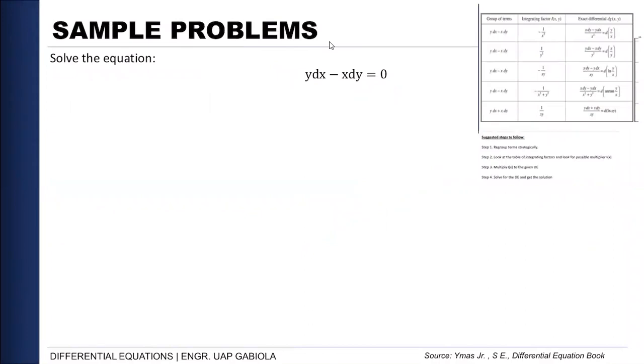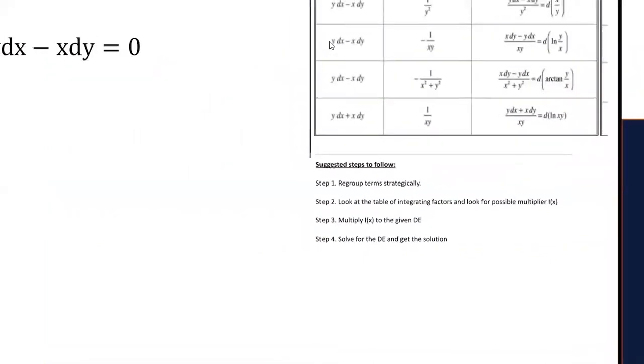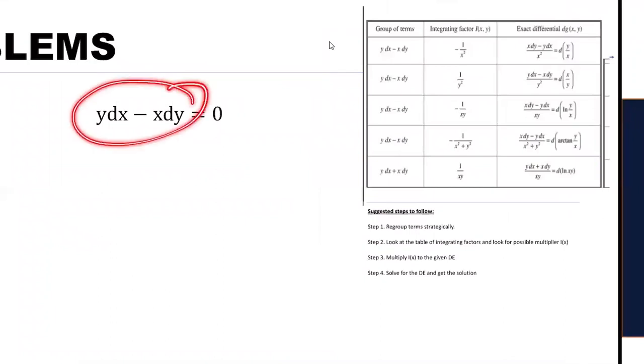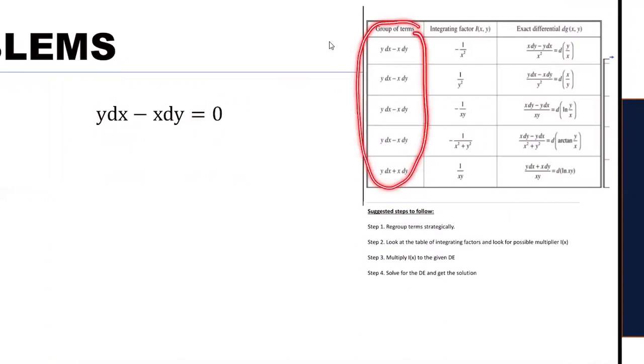Step 2 now. So, okay. I will just put here step 2 is, as mentioned here, look at the table of integrating factors and look for the possible multiplier. Okay? So, ito yung ating group ngayon, ano? Doon sa first column, doon sa table natin, as you can see the same grouping.